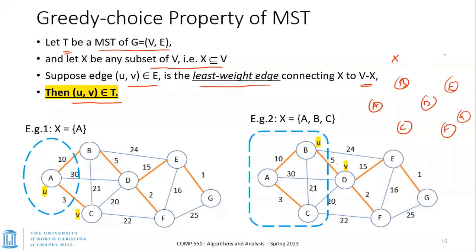So this is X and this is V minus X. And so here is a cut. And we do have some edges crossing over, right? So we have 3 of these edges over here, which are cutting across, and 1 over here. So we do have 1, 2, 3, 4, and 5. So we have 5 edges which are cutting across, okay? And currently this is our least cost edge, which is 5. Okay, now continue from there.